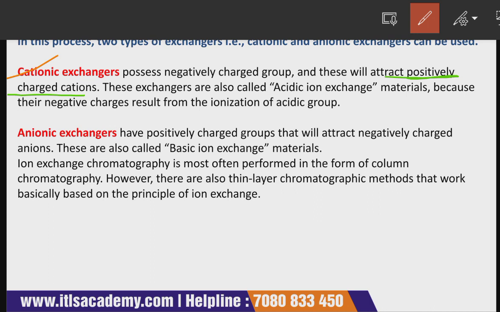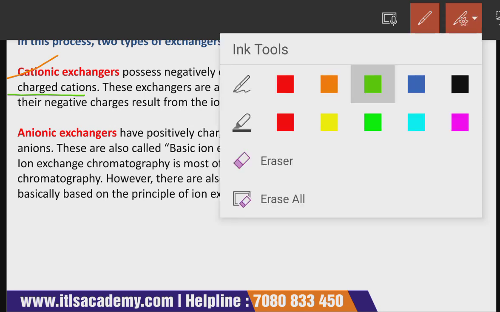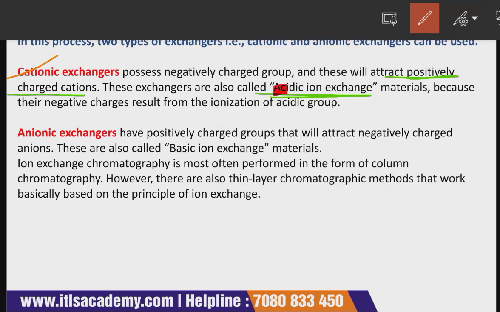These exchangers are also called acidic ion exchangers, because their negative charge results from ionization of acidic groups. This is again very important.